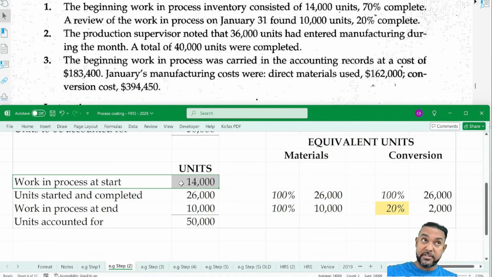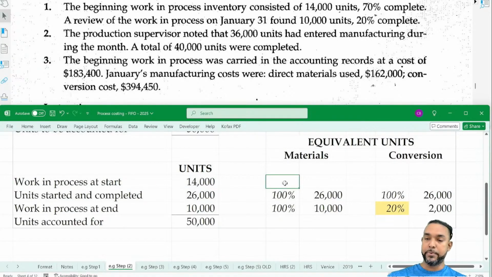It was added in the previous period and then brought forward to the current period, in which we would have done no more work materials-wise. We would have added no more materials to the work in process at start, again because all of the materials are assumed to be added at the start of the process. So all the materials were added in the previous period, and therefore 0% of materials were added in the current period. So you're going to have 0% there. Sorry, zero equivalent units there.